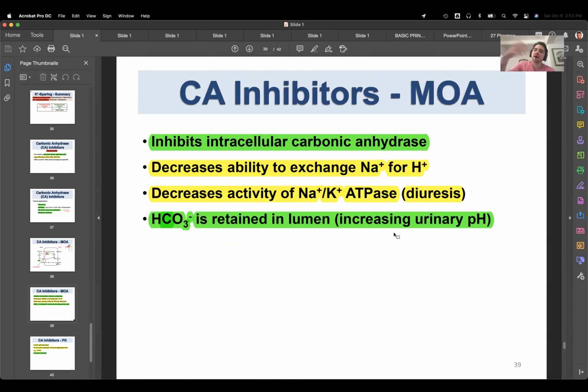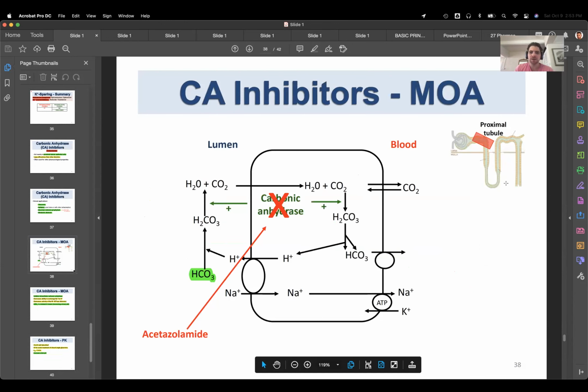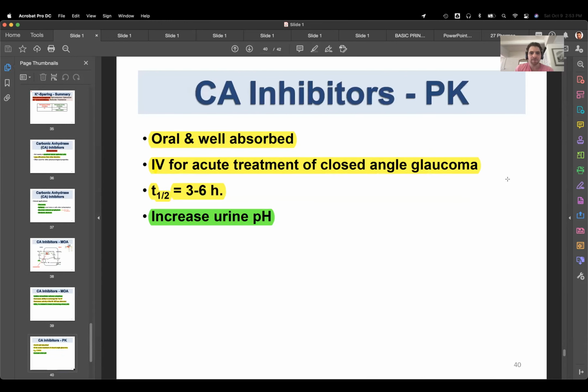So it prevents reuptake of bicarbonate. Mountain sickness makes sense because if you're in respiratory alkalosis from hyperventilating, you can use carbonic anhydrase. You'll pee out a lot of the bicarb and it'll acidify the blood and try to bring you back to baseline. Okay, so that's all you really need to know for that.